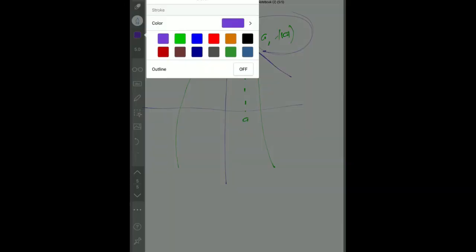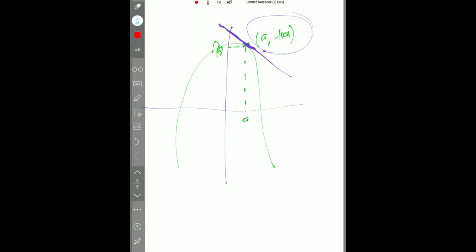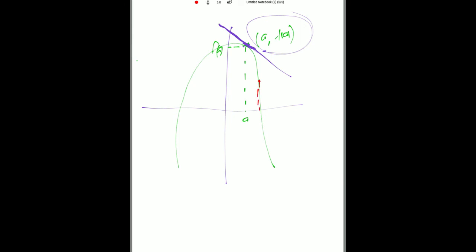let's see if we can do a little trickery. So what we're going to do is take another point. Let's say this is x, and so this is f(x). And we're going to draw a line that passes through (a, f(a)) and through (x, f(x)).